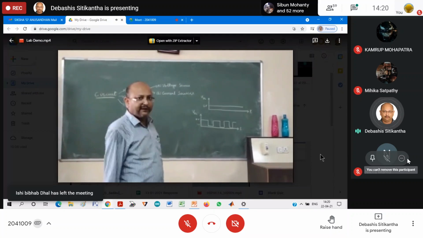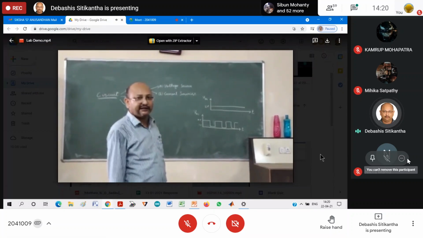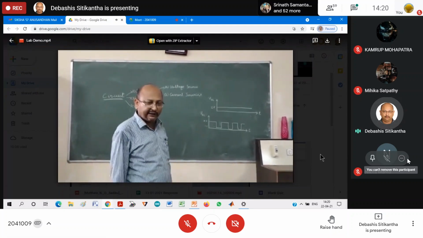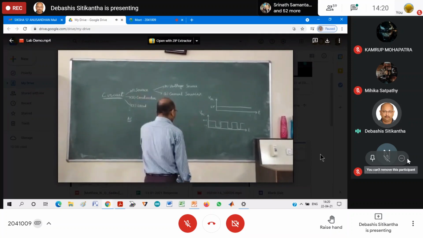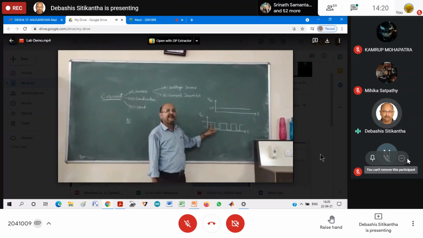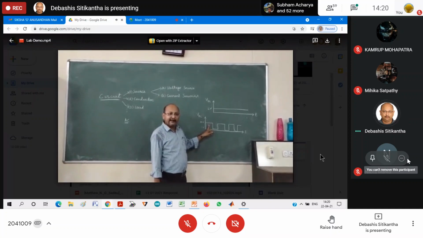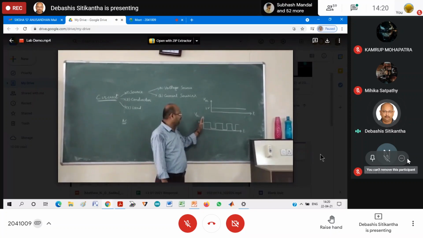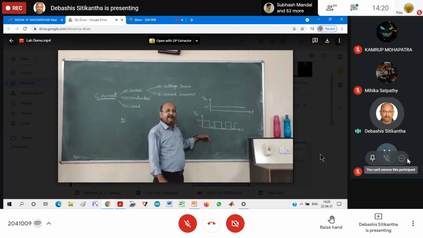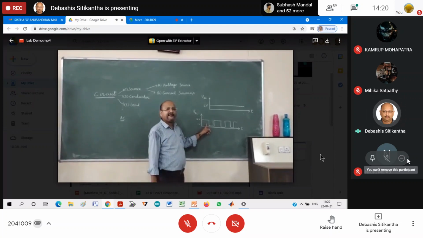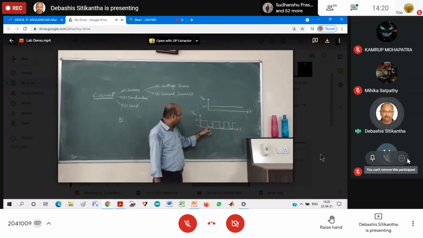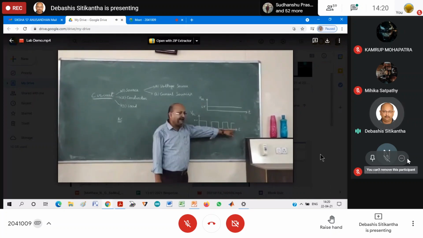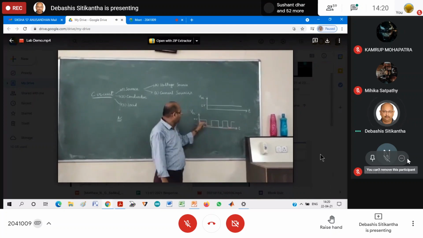So always remember how to identify this DC signal or your DC voltage or current. Very simple. If this waveform is not changing its polarity, that means its magnitude is always either positive or negative, then remember that this is a DC signal. So over here, you can see nowhere is it negative.